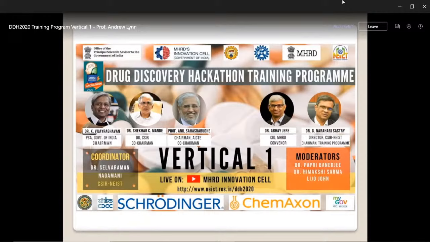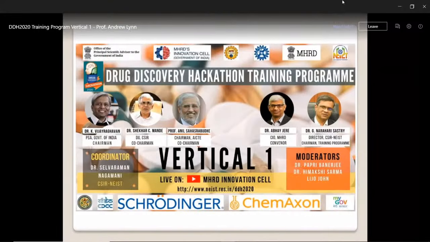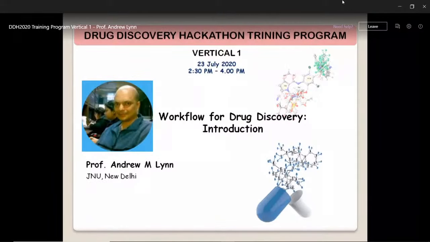His group is mainly working on developing methods and algorithms, especially to improve docking scores, and is also involved in chemoinformatics using data mining methods and simulation of macromolecules. The group is also actively involved in QSAR and open source drug discovery projects, especially by providing technical infrastructure. With this small introduction, I welcome Vertical 1 speaker, Professor Andrew Lynn, to deliver the talk on workflow for drug discovery introduction. Sir, please.